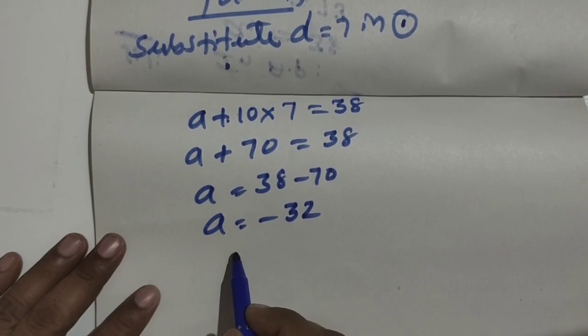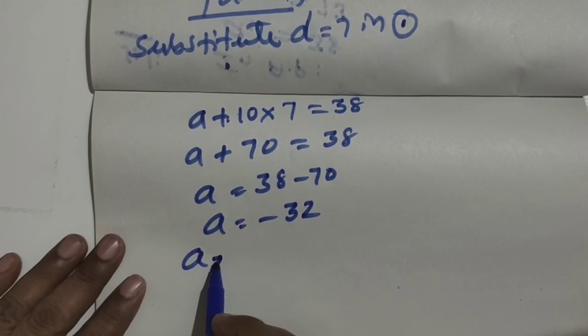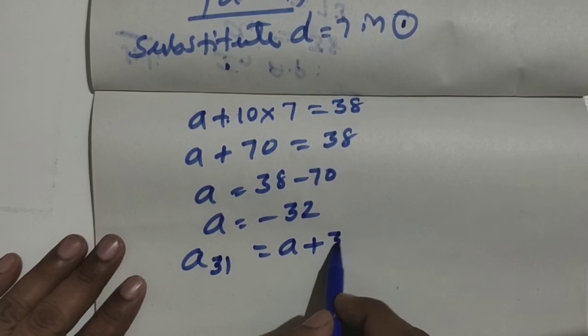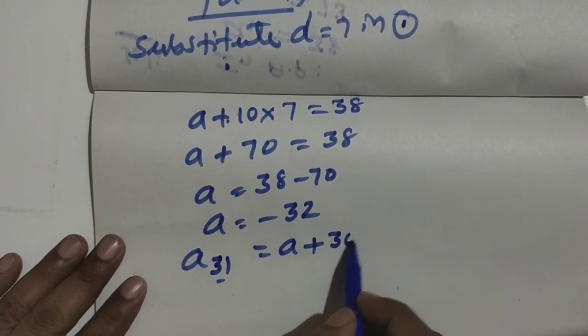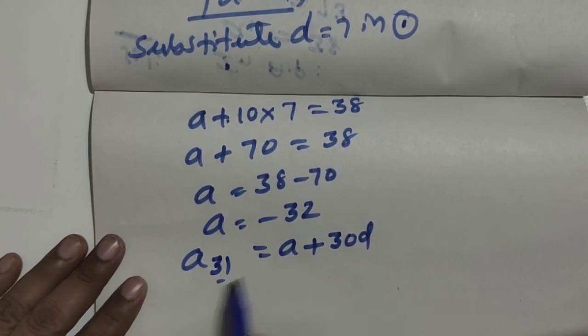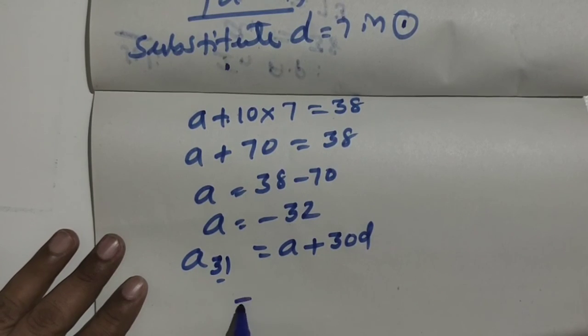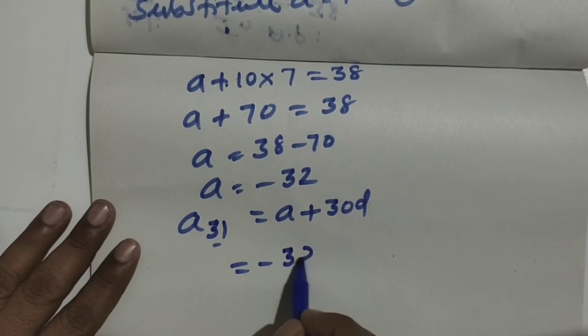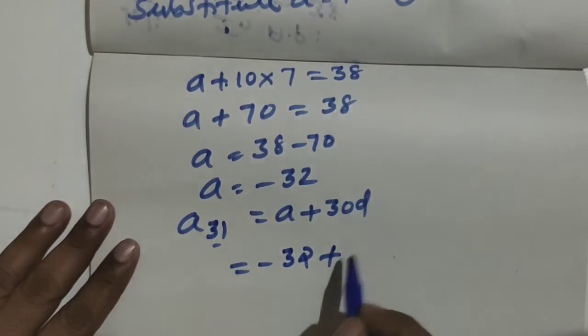What do we need here? The 31st term, a31. By applying that formula we get simply a plus 30d. Simply you have to write it easily by following the pattern. So now a is equal to minus 32 and d is equal to 7.